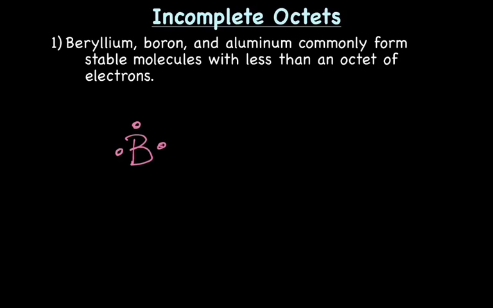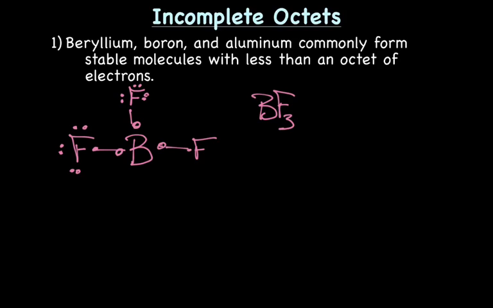So if we were to have something like boron trifluoride, you would end up with a structure like this, where the fluorines all have an octet, but boron does not, right?